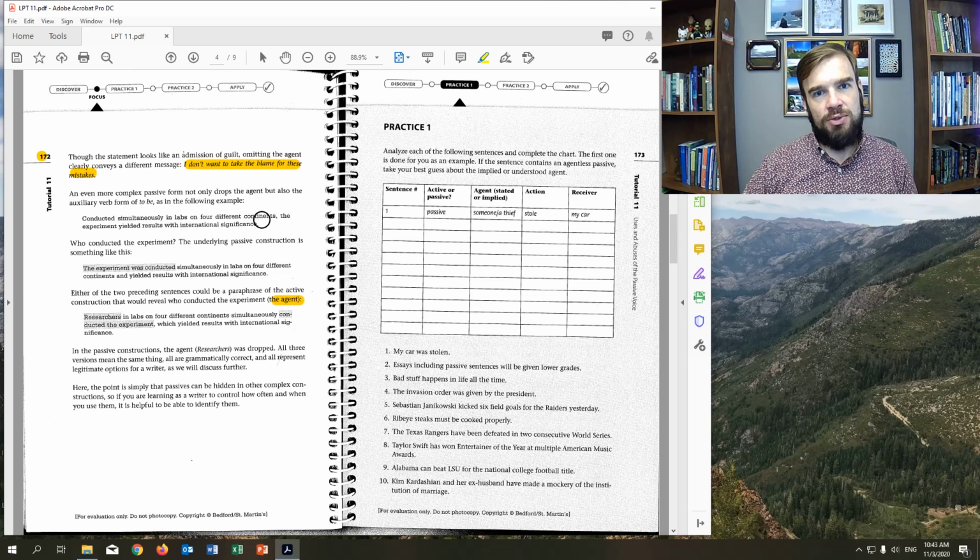If you're reading articles for a science class at the bachelor's level or certainly master's level, you will see sentences like this. Very, very common in advanced research writing.